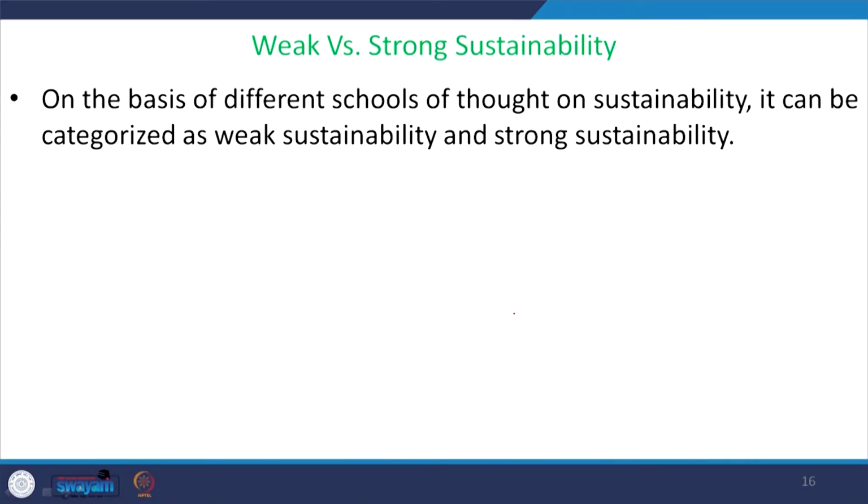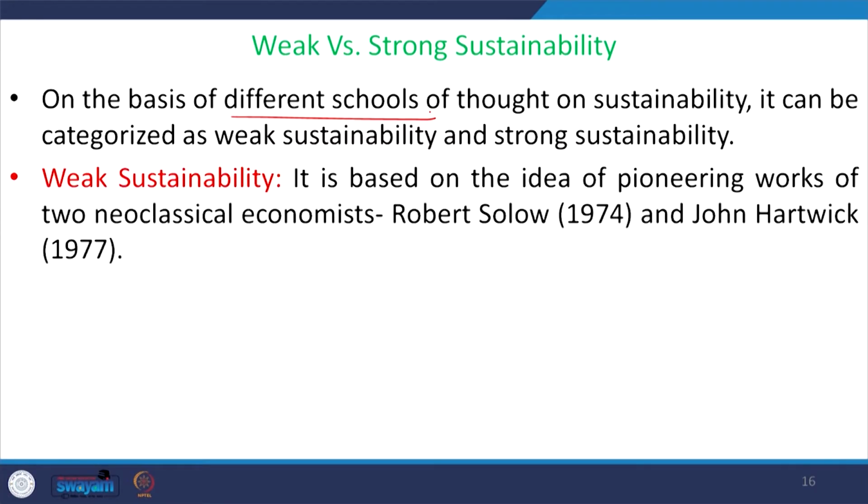The first one is weak sustainability and the second one is strong sustainability. So, what is weak sustainability and what is strong sustainability? What is the basis of this categorization? Again, it is based on different schools of thought on the concept of sustainability itself. So, what is the first category, that is weak sustainability?